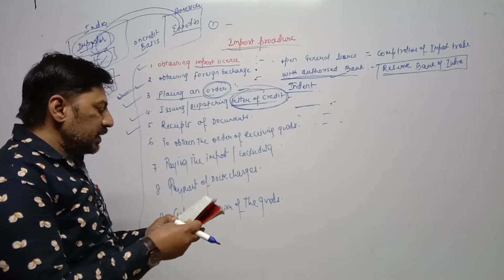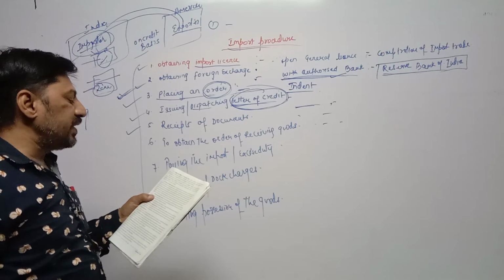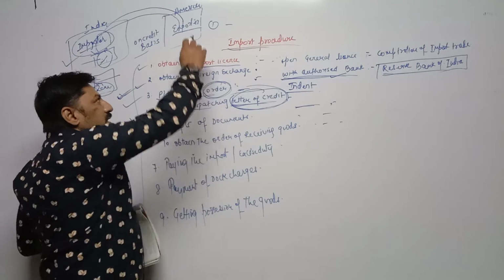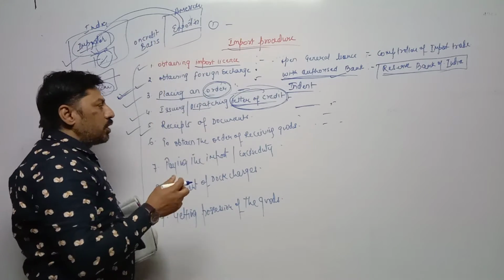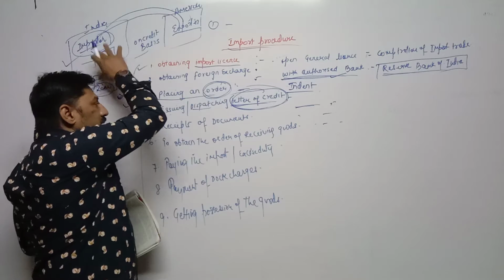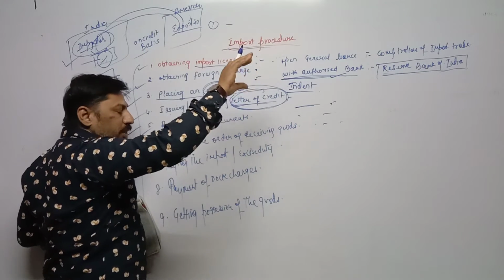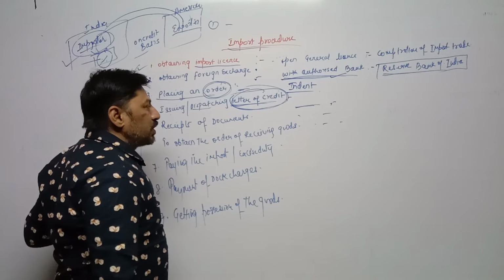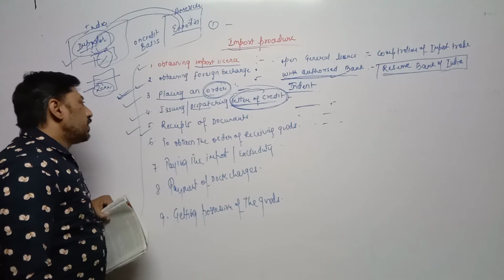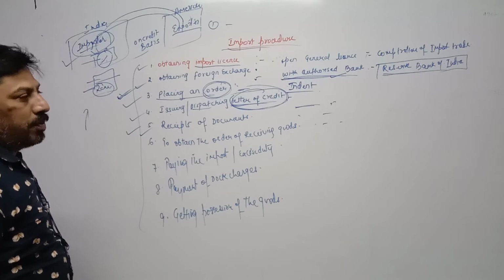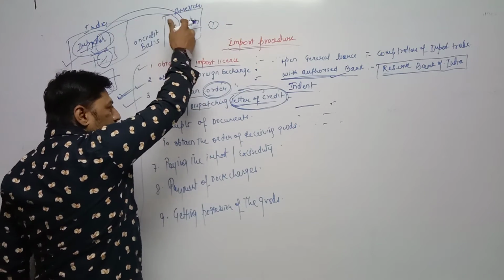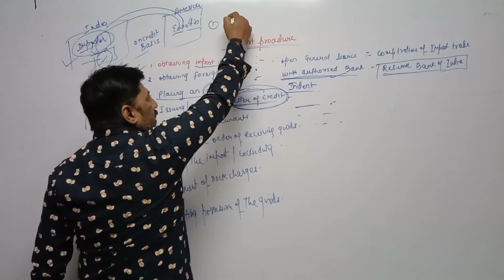Next one is to obtain the order of receiving goods. After receipts of documents, the exporter sends another document so that the importer can get their goods from the particular place. From a particular place means from the airport, from the seaport, wherever goods are coming. They can send goods either by air or by ship.